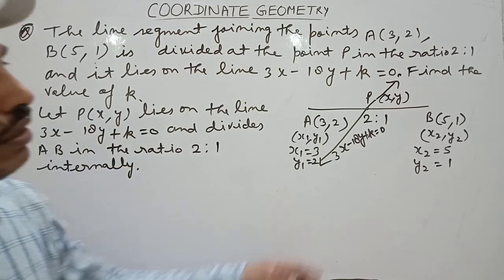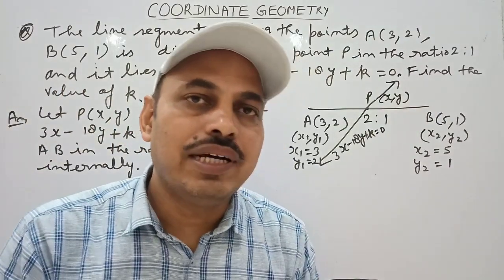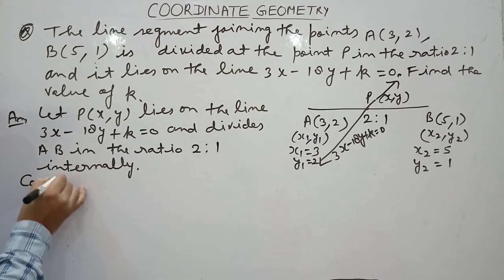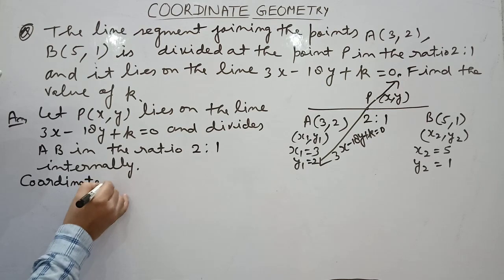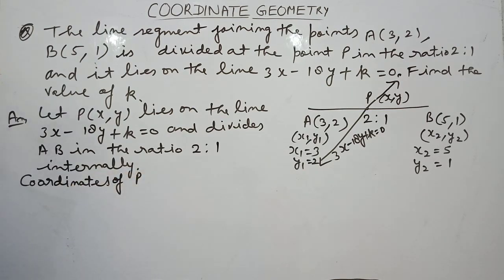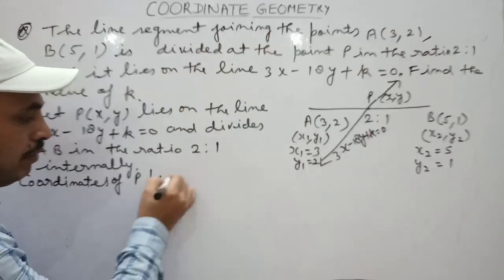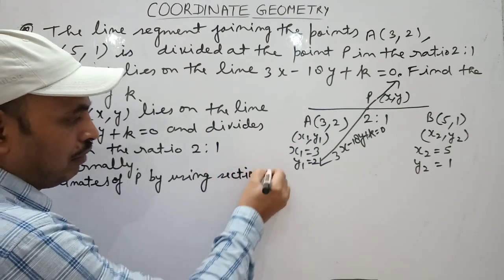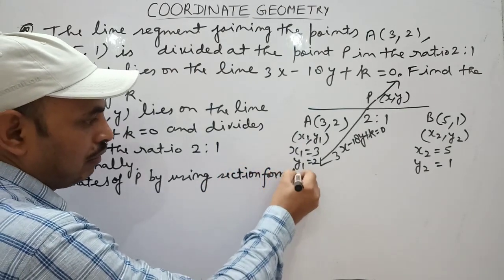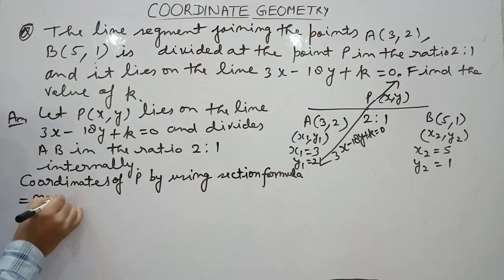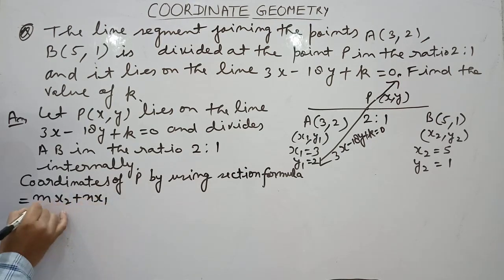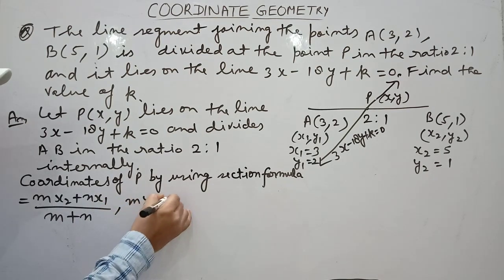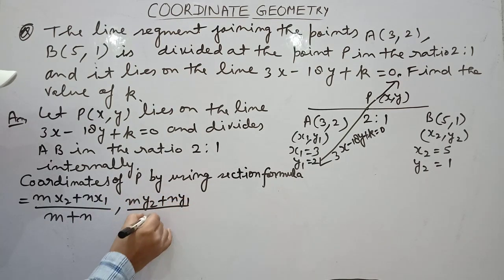So coordinates of P by using section formula equal (mx2 plus nx1)/(m plus n), (my2 plus ny1)/(m plus n).